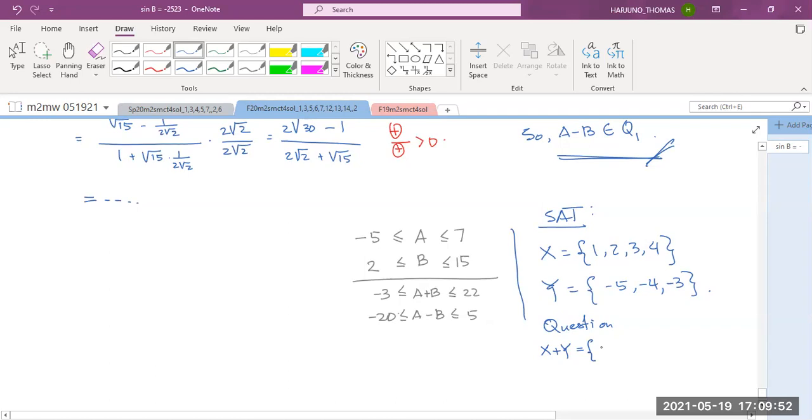You see, if I add 1 with -5, the minimum, that will be -4, right? Now when I add 1 with -4, 1 with -3, there will be -4, -3, -2.